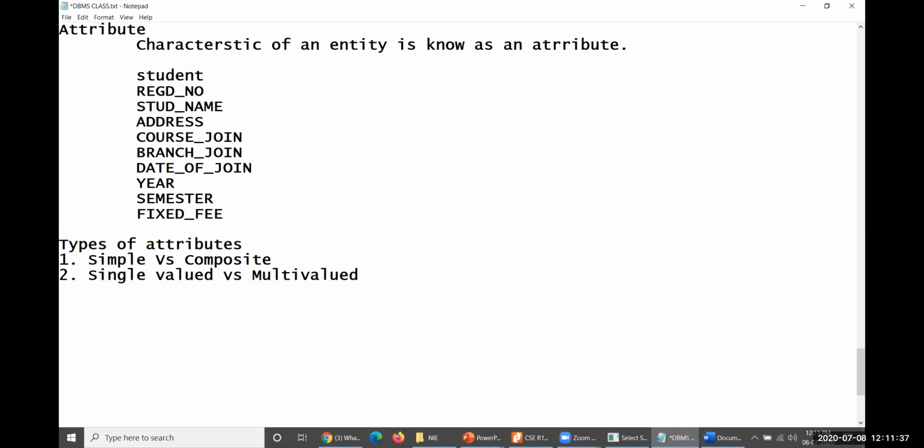Third one is stored versus derived attribute. Fourth one is key attribute. Fifth one is complex attribute.